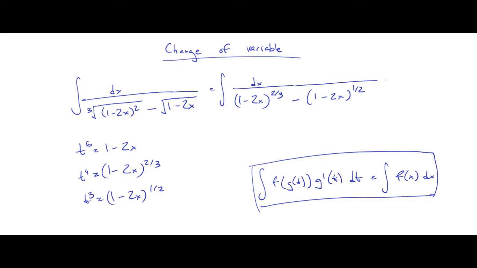So this becomes dx divided by t^4 minus t^3. We just need to compute what dt and dx are.